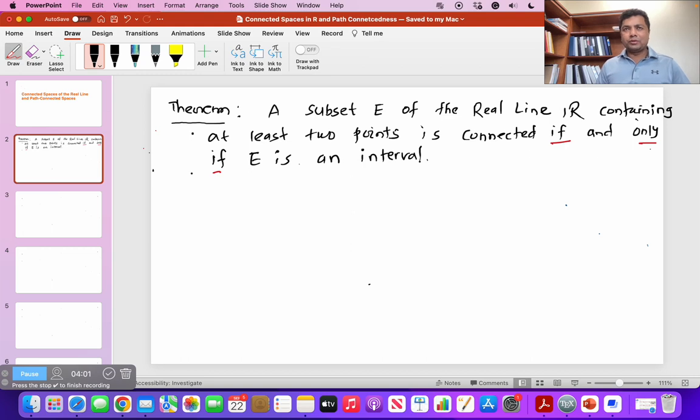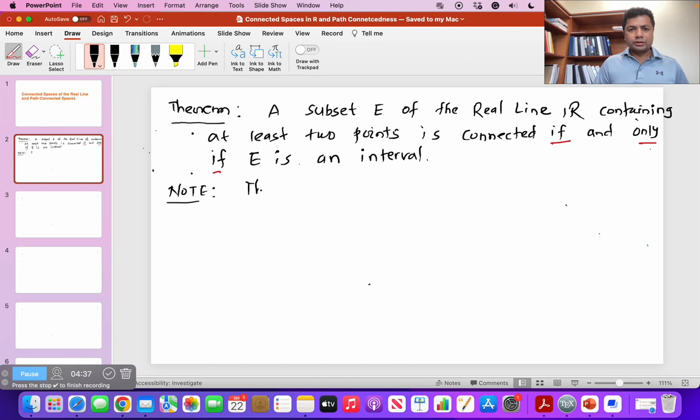No matter whether the interval is a finite interval, infinite interval, open interval, closed interval, or half open interval, if you have any interval in R, it's connected. Just let me write as a note the list of intervals in R, and obviously those intervals are going to be connected because of this theorem.